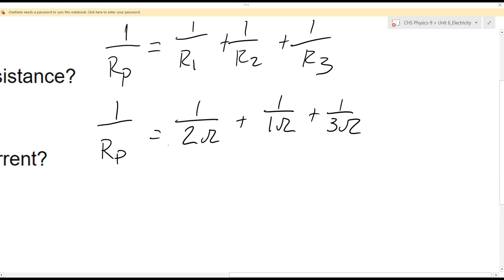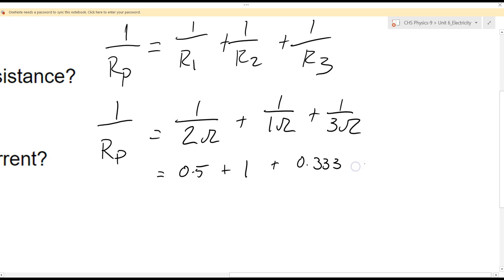So 1 over 2, that's the same as 0.5, and I'm just going to drop the ohms. Plus 1 over 1, well, that's just 1. Plus 1 over 3, you can always grab a calculator and double check, but that's just 0.333, and so on.